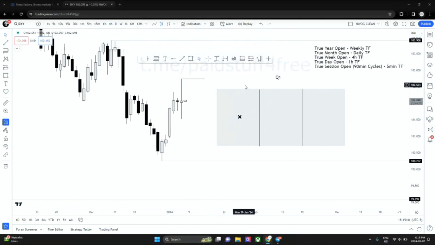So you don't want to be trading, you don't want to be focusing on price at all until the second third of the first quarter begins. Hopefully I'm being clear right now. So T2 and T3 of Q1, which is the second and the third, that's what you're going to use to predict what Q2 is likely to do.